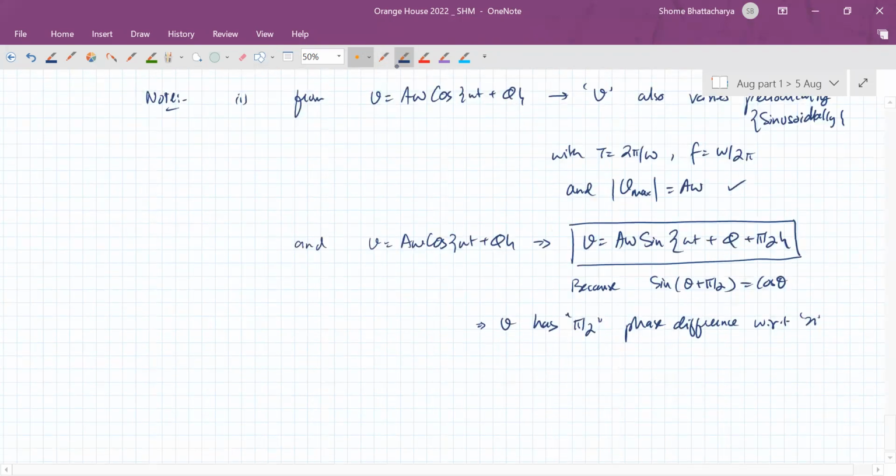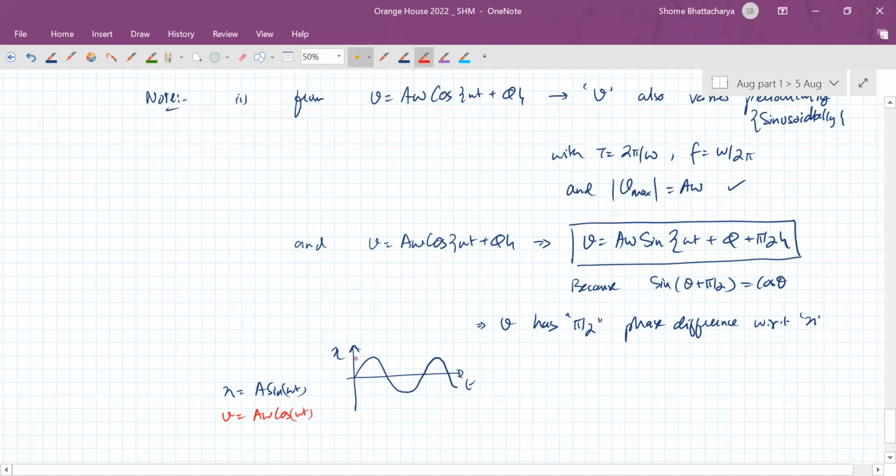So for example, if we compare a graph of x equal to A sin omega t, and that same thing if we look at the velocity, it is A omega cos omega t. So we'll see that the velocity in the graph will be like this.